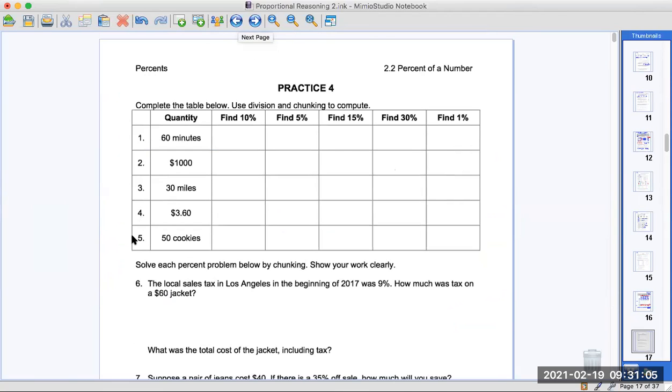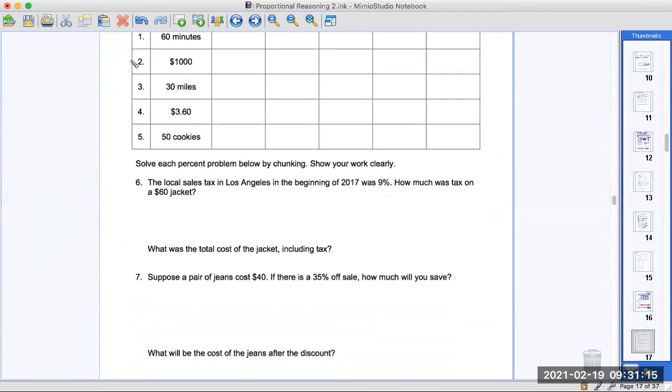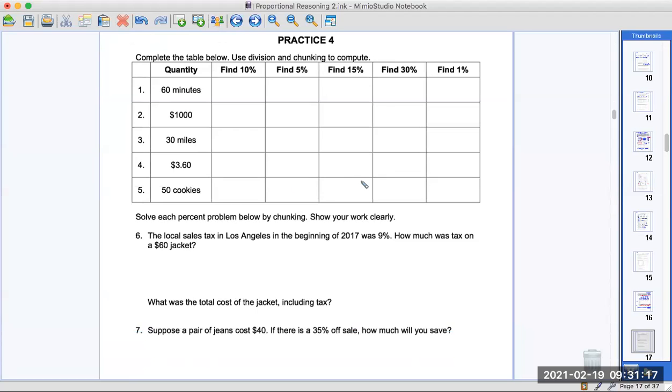Homework, more homework. So I want to get you started. So you fill all this in. This is the chunking we just did. Yeah, more practice. Okay, and chunking, remember you connect, like this is half of 10%, 15% is 3 times the 5%, 30% is twice what you get for 15%. Ooh, the 1% is super important, divide by 100.